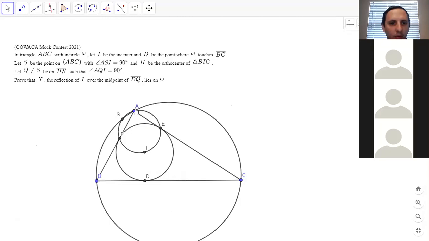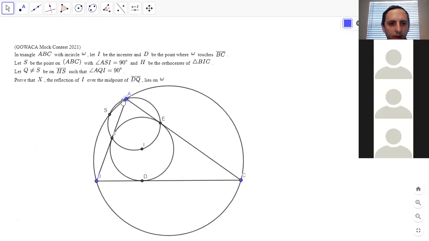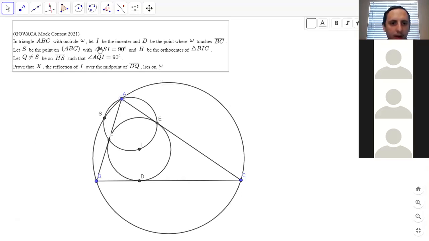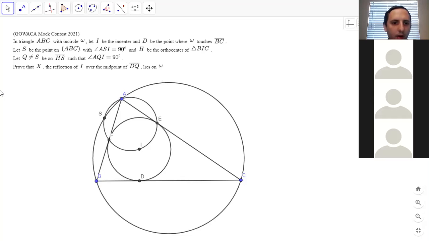So H is the orthocenter of triangle BIC. I feel like I've seen the orthocenter of BIC before. Anyways, I'm going to use GeoGebra to draw it.